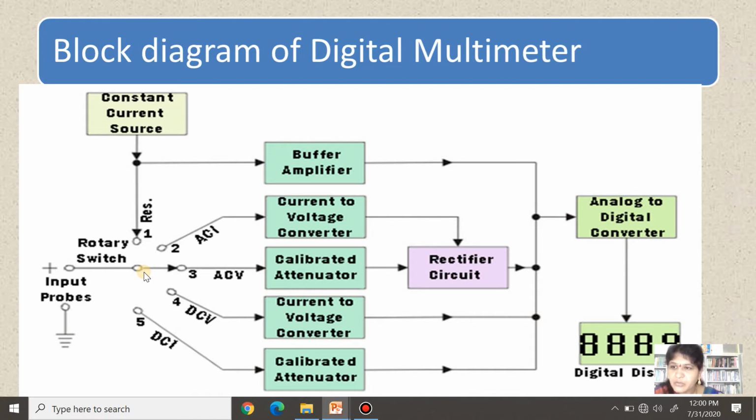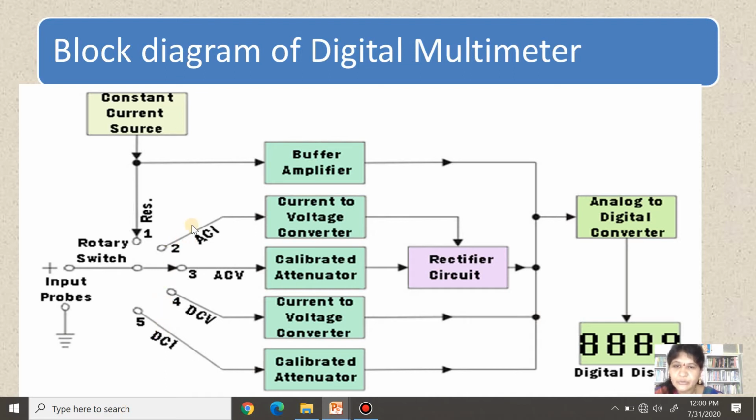If you want to measure voltage, then we connect it to the ACV or DCV. ACV is for alternating voltage, DCV is for direct voltage. If you want to measure current, you connect to either the second switch or the fifth switch.